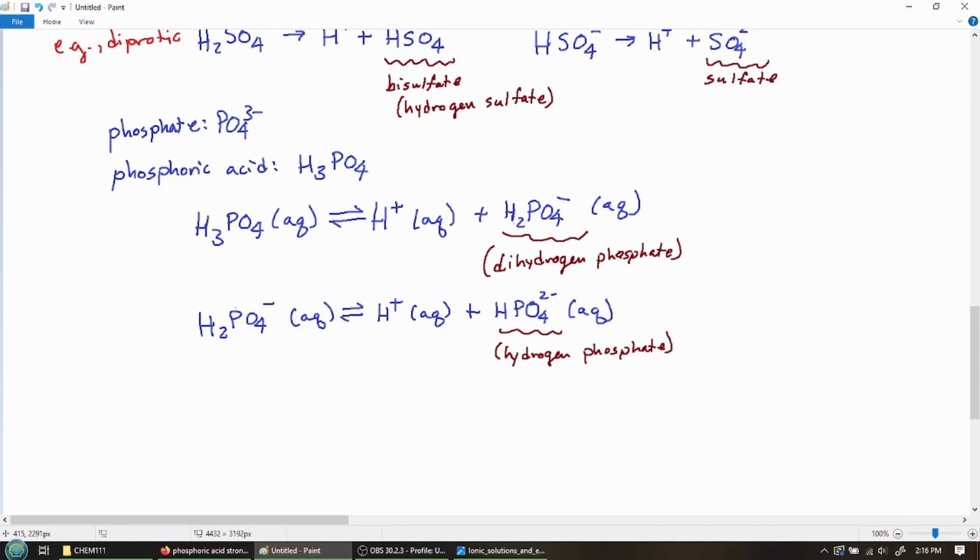Okay, one more step of this reaction, though. We could now have that hydrogen phosphate split apart one more time. So now what we would have is a third proton that has arisen from our original phosphoric acid molecule, and we would have an ion that hopefully we recognize, which is to say phosphate.